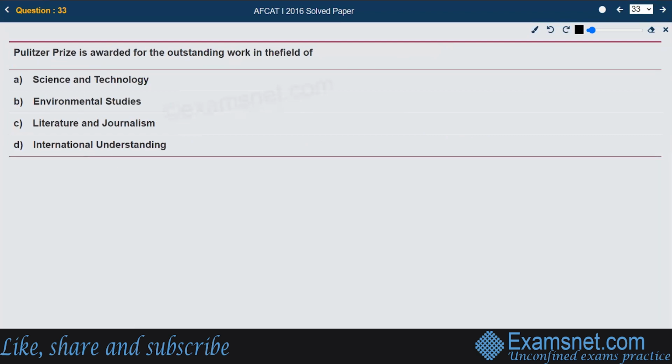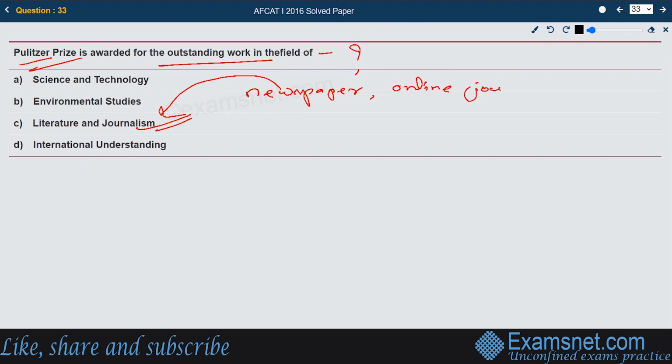Next, Pulitzer Prize is awarded for outstanding work in the field of which, and the right answer is literature and journalism. In these fields the Pulitzer Prizes are given. The Pulitzer Prize is an award for achievement in newspaper writing and online journalism, that is, print media and everything in journalism.